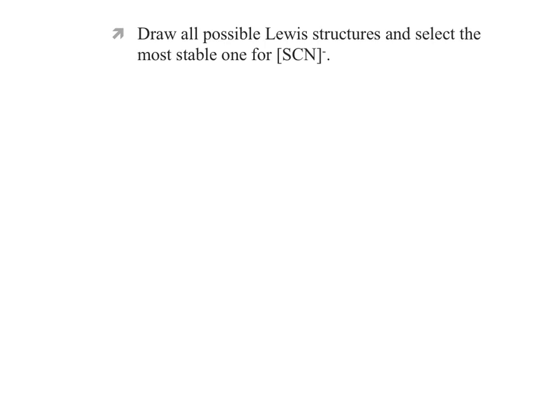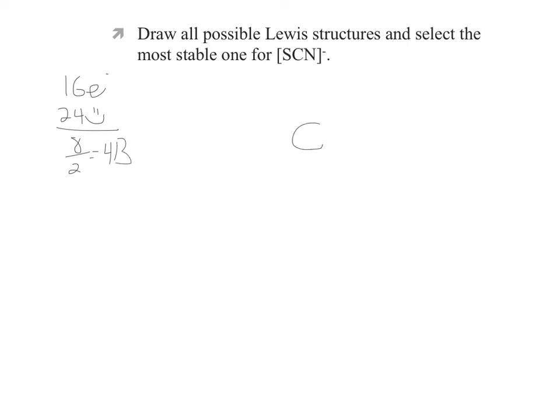SCN minus: sulfur has 6 electrons, carbon has 4, that gives me 10, nitrogen's 5, 15, and an extra one. We have 16 electrons here. There are 3 atoms times 8, 24, to be full of the octets, which is going to give me 4 bonds. Okay, so we've got 3 different options here.